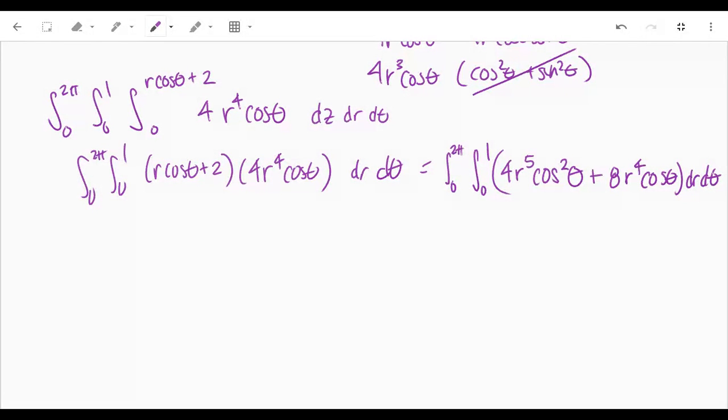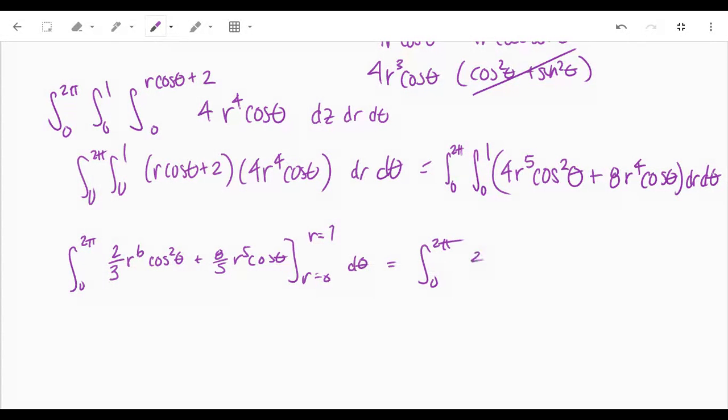Okay, integrate with respect to r, and I'll have 2/3 r to the 6th cosine squared theta plus 8/5 r to the 5th cosine theta. Evaluate from r equals 0 to r equals 1. So that's going to be pretty nice. So we'll have 2/3 cosine squared theta plus 8/5 cosine theta d theta.